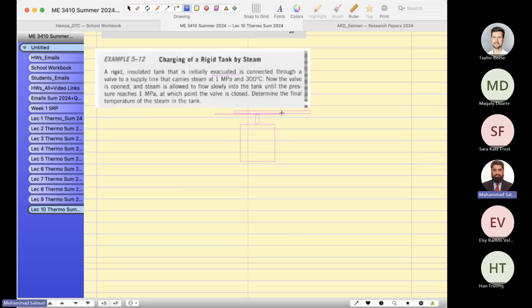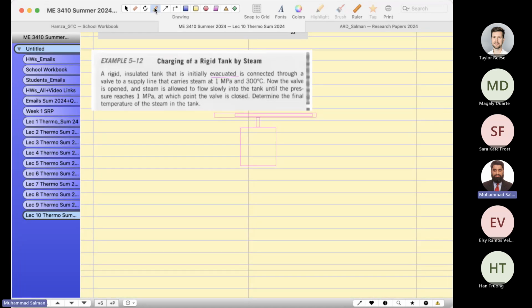Let's draw it over here. It's a very big supply. Now this supply line has some steam. You have to fill up the container. This is a valve, okay? When you open the valve, the steam goes inside the evacuated cylinder.